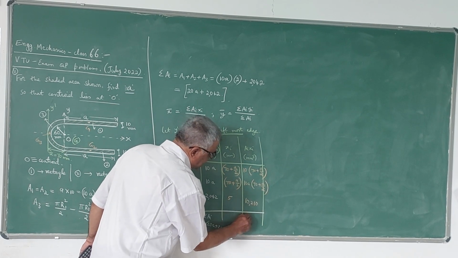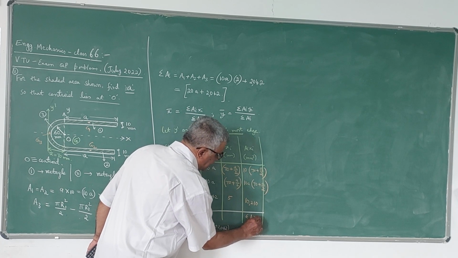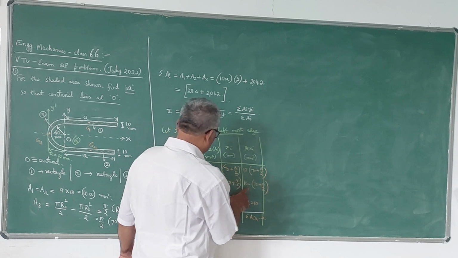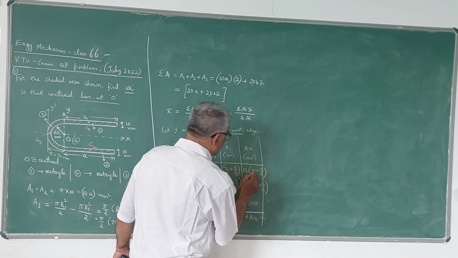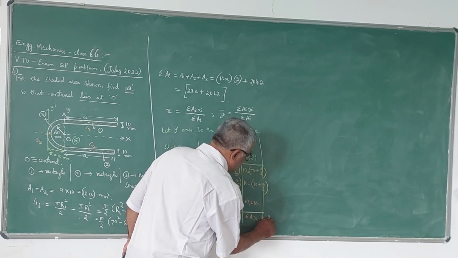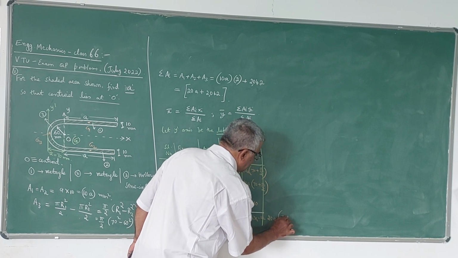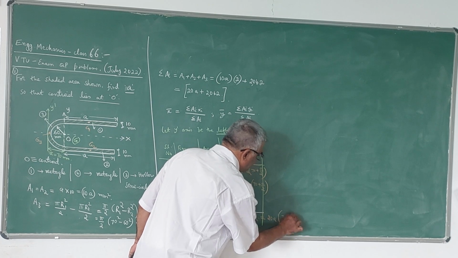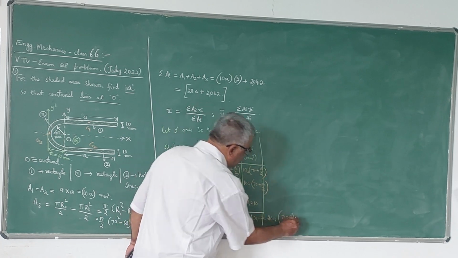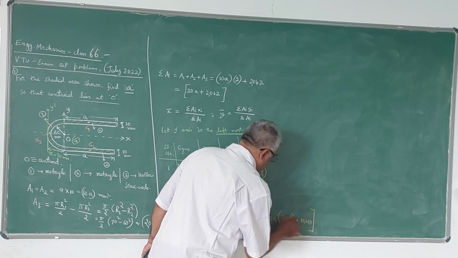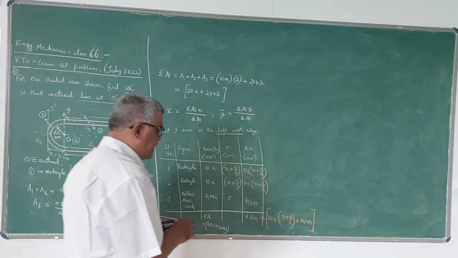Now if you add these three, you get sigma ai xi. This is 2 times of this, so 20 times a into 70 plus a by 2, plus 10,210. This is the value of sigma ai xi.